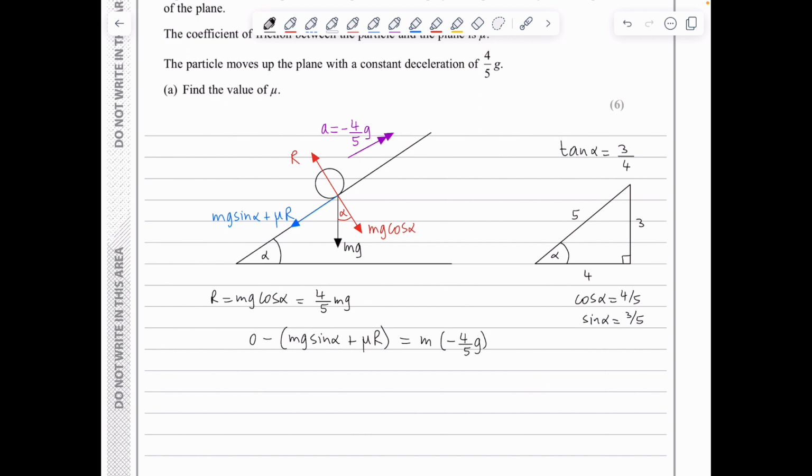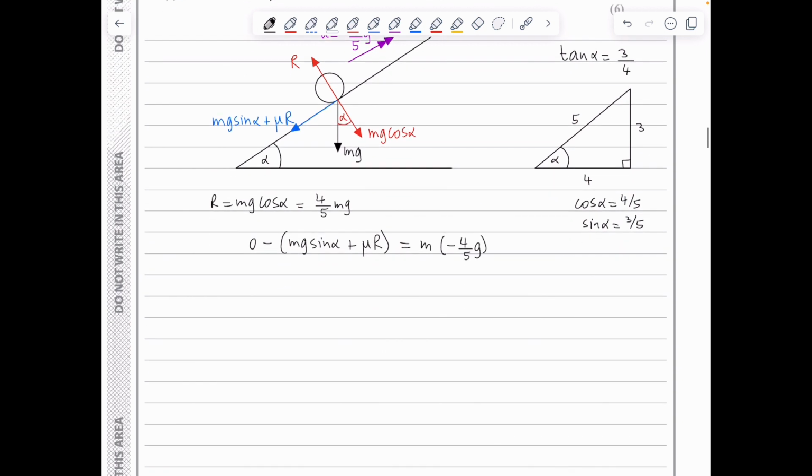I can now proceed. Sine alpha is 3 over 5, so I've got minus 3 over 5 mg minus mu times R, which is 4 over 5 mg, is equal to minus 4 over 5 mg.